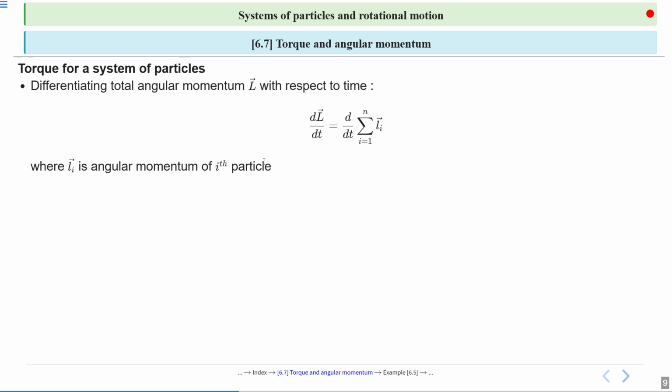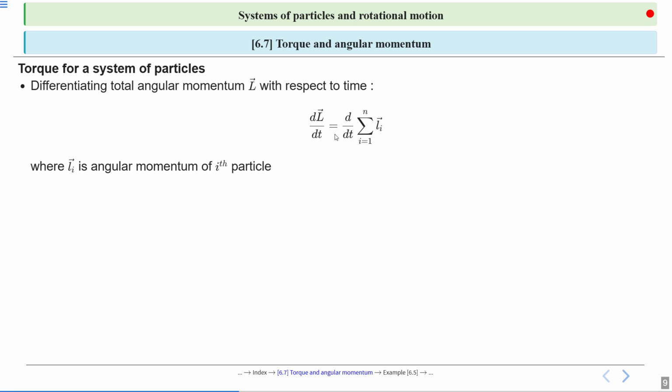When we differentiate our total angular momentum with respect to time, we get dL upon dt equal to d summation i equal to 1 to n of Li upon dt, where Li is the angular momentum of the ith particle.